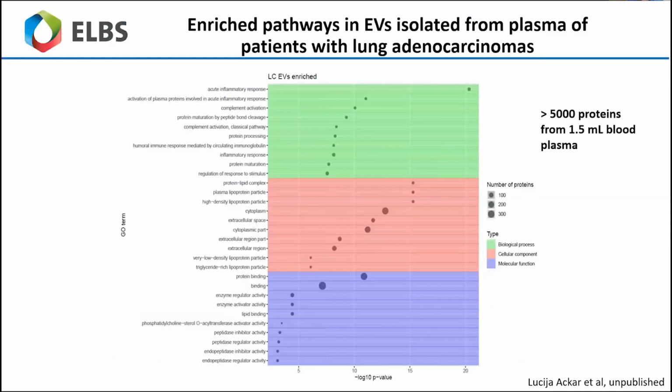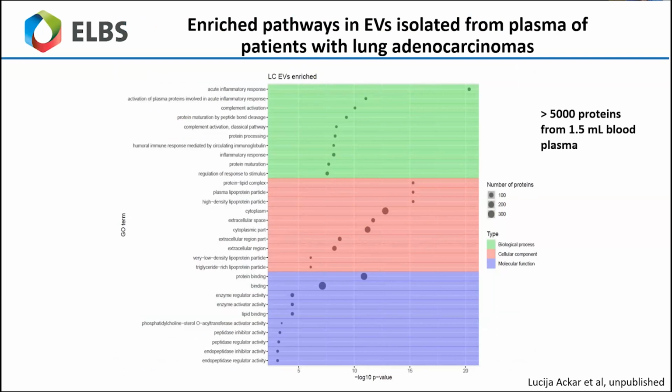And we have, for example, in lung cancer patients analyzed 1.5 ml of blood. And we can now, together with our mass spec facility, analyze more than 5,000 proteins from this small volume of plasma. And then we can do, of course, a functional annotation. It really shows how much potential is also in this field.